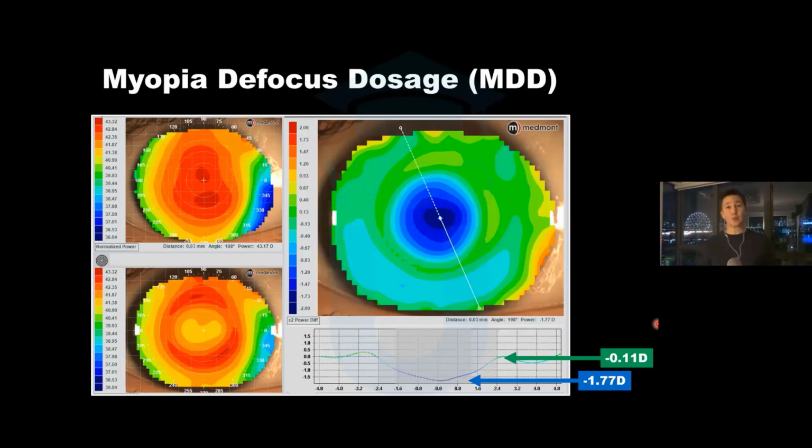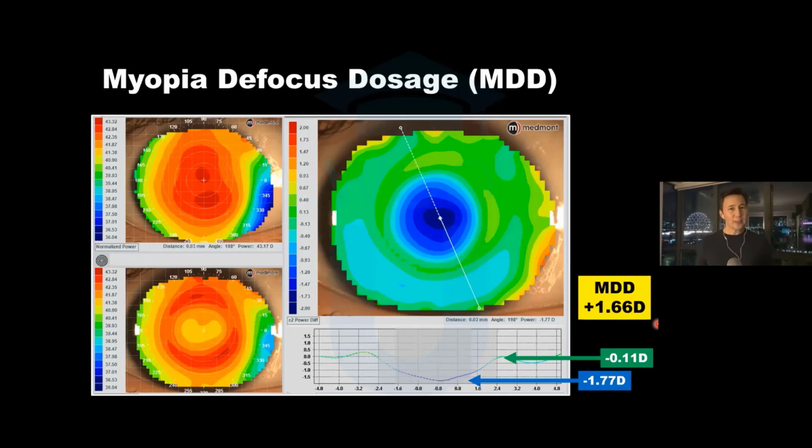And that's minus 0.11. So we go from, at the foveal center, on the visual axis in the center of our topography, minus 1.77 to the border of the pupil, minus 0.11, and a difference between the two of them of 1.66 diopters. What does this mean?